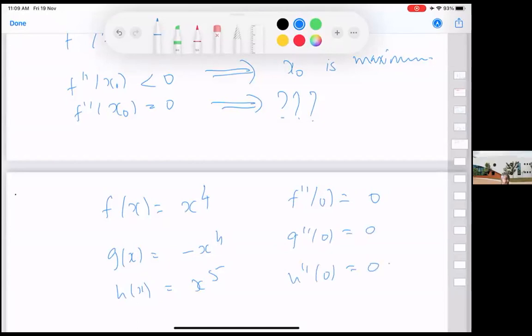Whereas for the first function, we'll prove it later, but alternately we can figure out that since x power 4 is an even power, for every x it is always non-negative, and at 0 it is 0. So this is a minimum. Likewise, for g it is a maximum.